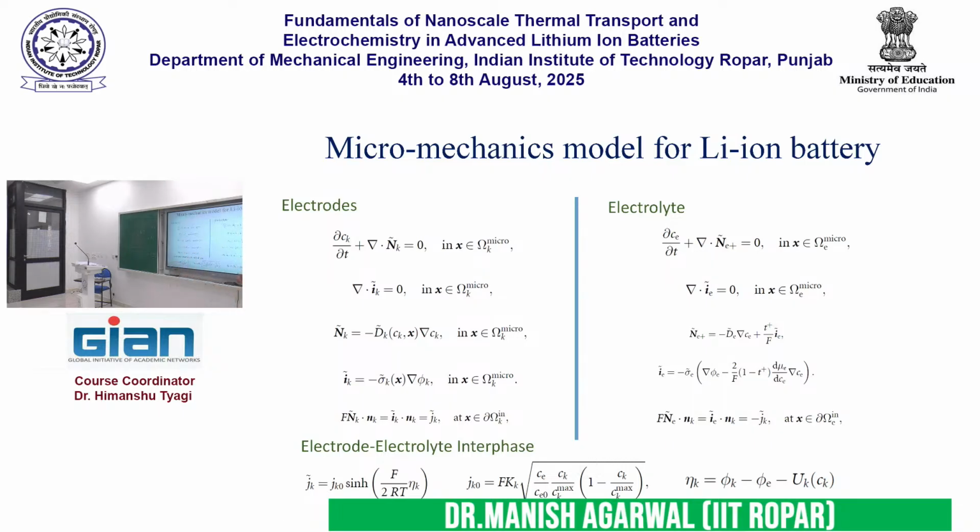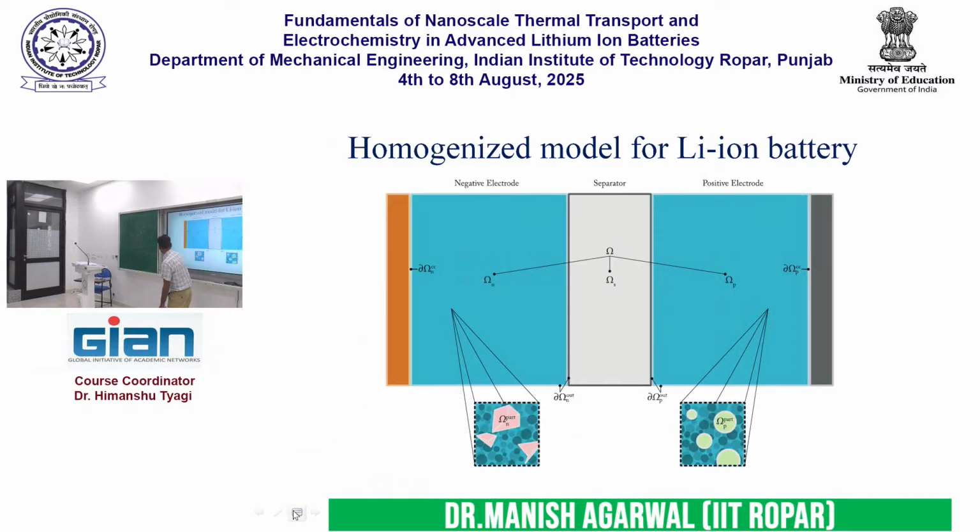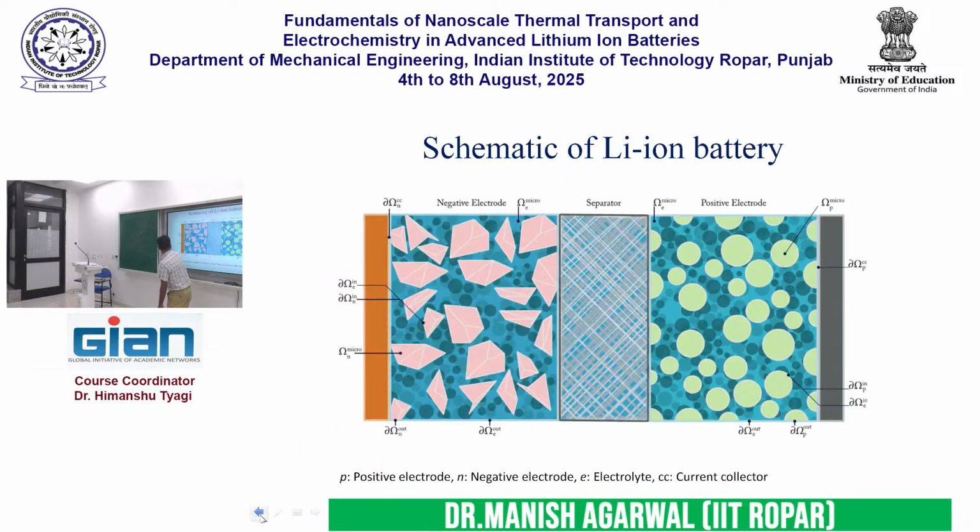And the similar thing on the electrode side. So this is about the boundary between the electrode and the electrolyte, but there is another boundary, right? And these boundaries are here.